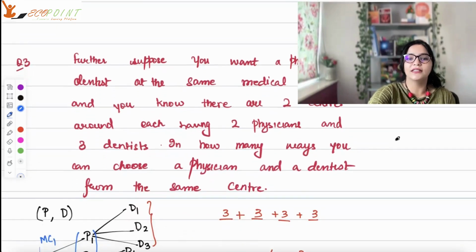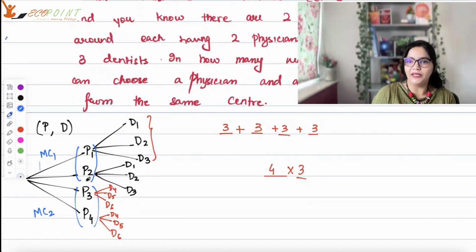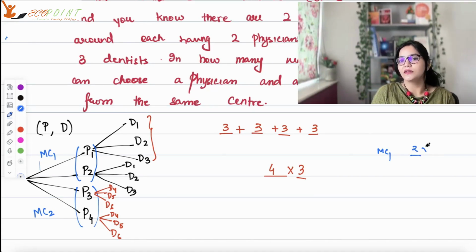So suppose in that case, we say that medical center 1 has P1, P2 physicians and D1, D2, D3 dentists. Similarly, medical center 2 has P3, P4 physicians and D4, D5, D6 dentists. So therefore, how many cases do I have? If I want medical center 1, I have one choice of medical center 1. From medical center 1, how many choices do I get? I get the choices of two physicians and the choices of three dentists.